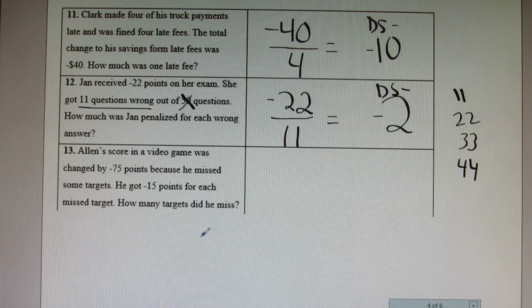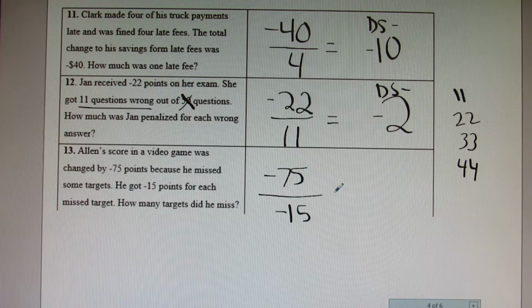Number 13. Alan's score in a video game was changed by -75 points because he missed some targets. He got -15 points off for each missed target. So how many targets did he miss? All right, again, we're setting up a division problem. Pretty sure the bigger number is going to go on top. Total of 75 points, and each one was 15 points off.